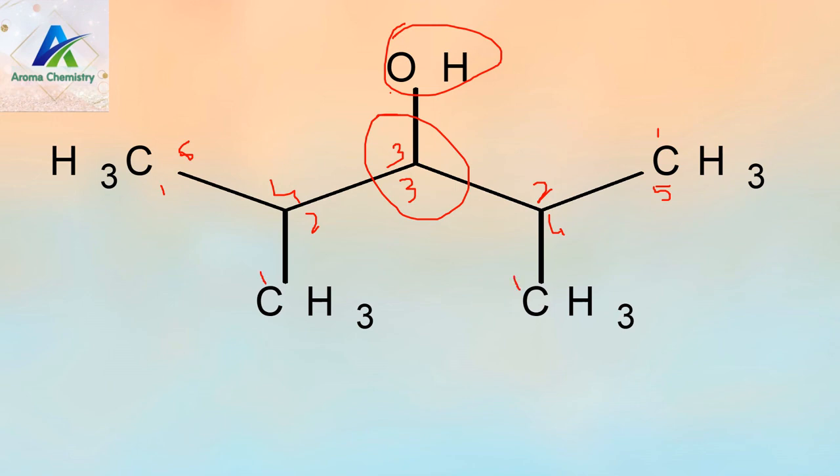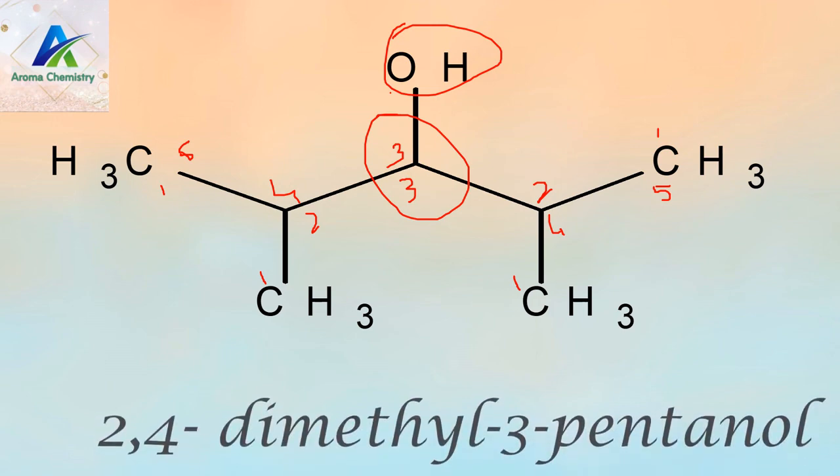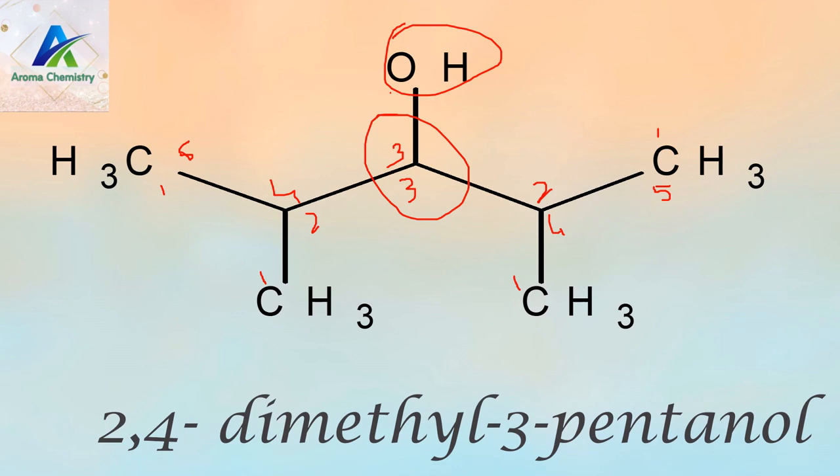But the same position, the same atom in the 2 positions, so we use the name a multiplier, that is 2 means di. So the compound name is 2,4-dimethyl 3-pentanol. That's it. We have learned the IUPAC nomenclature.